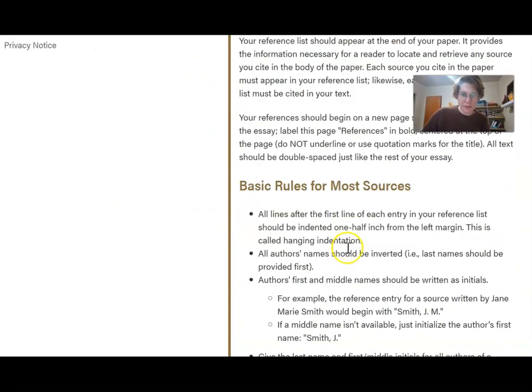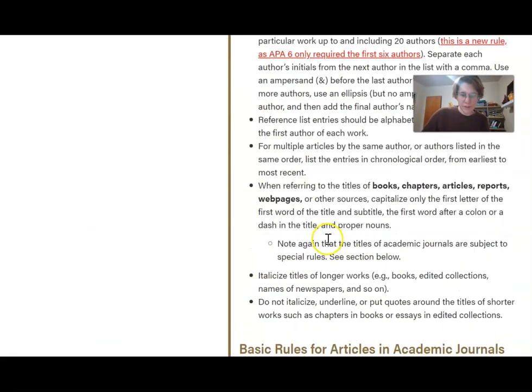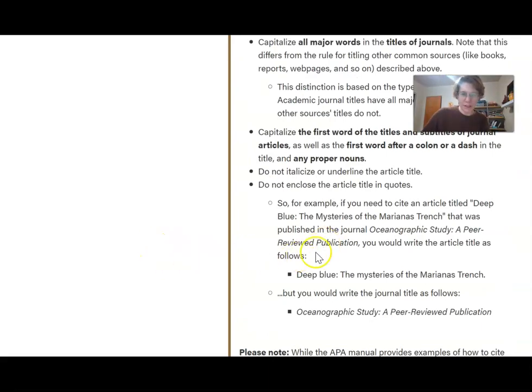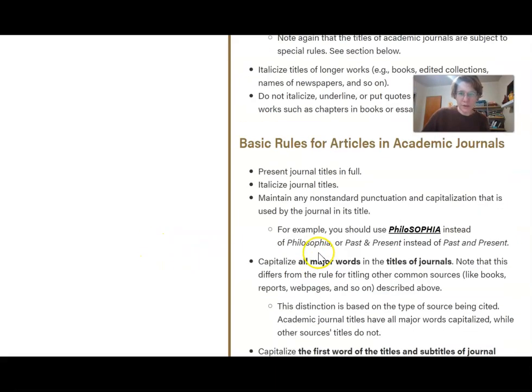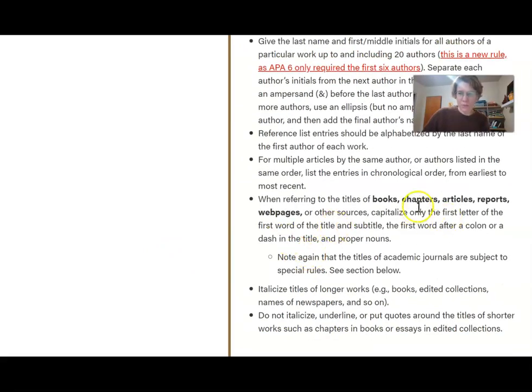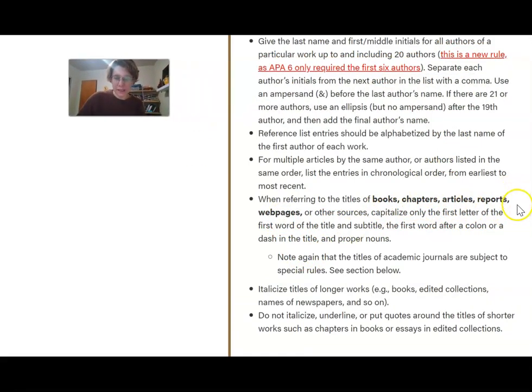So depending on whether you're citing a journal article or a book or different types of text, a web page, book chapter, article, it's important for you to recognize what type of text you're looking at. So for our first assignment, we're just using journal articles, so it simplifies it that way, that we know exactly what we have.